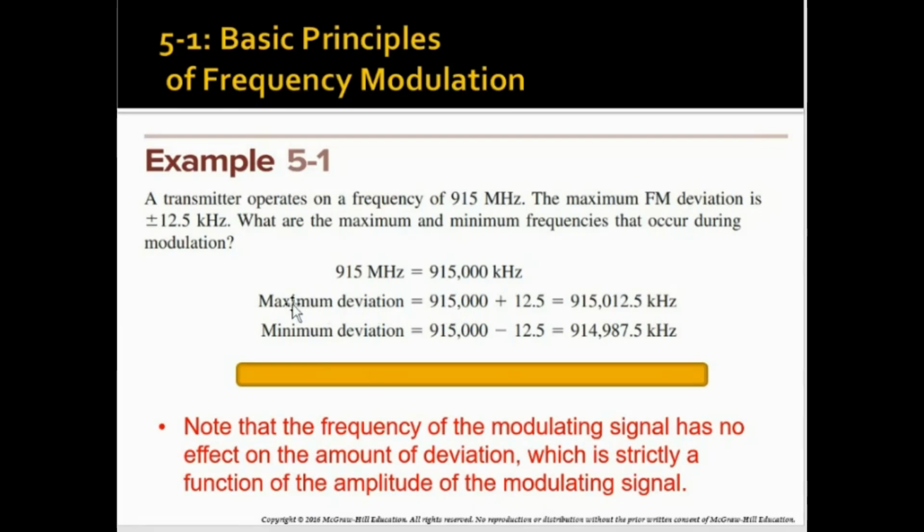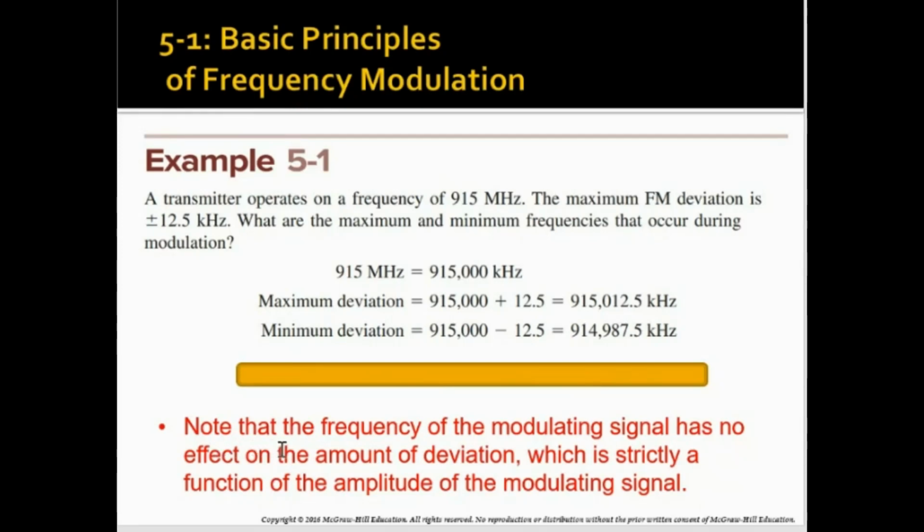So the maximum frequency is 915,000 plus 12.5, and the minimum frequency is 915,000 minus 12.5. This is our maximum and minimum deviation.